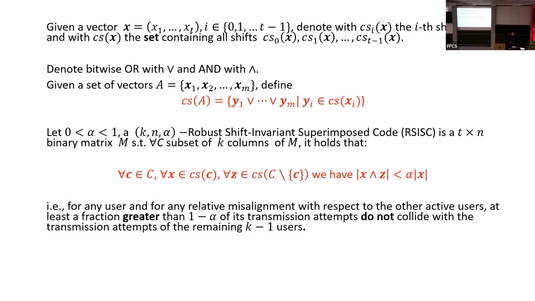So essentially, this means that for any possible time instant in which the stations wake up, and for any possible choice of the adversary, at least a 1 minus alpha fraction of the transmissions do not conflict with the ones of the adversary. And so this means that there are many instants of time in which there can be a success.